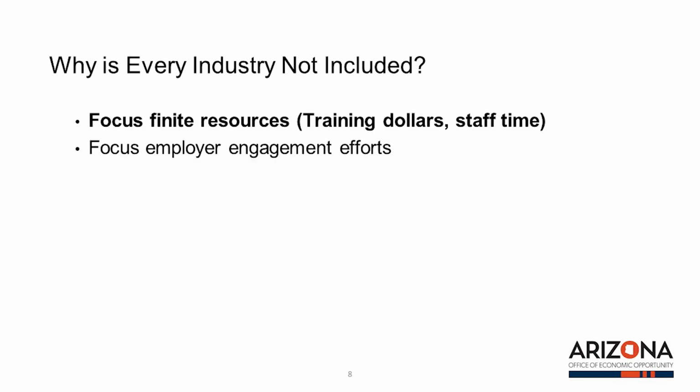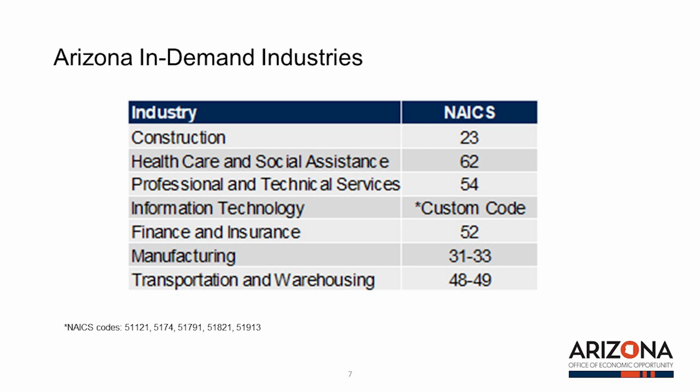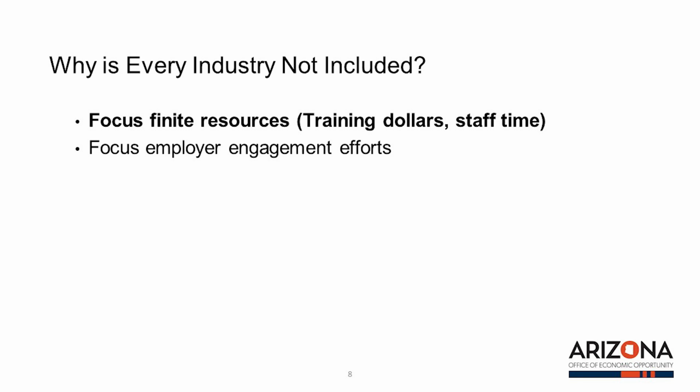The way I would answer that is that it works to focus finite resources. Unfortunately, we don't have unlimited training dollars to give to participants, and we don't have unlimited time. So what the in-demand designations do is focus those finite resources on the practical side for workforce analysts, business services, and business expansion.